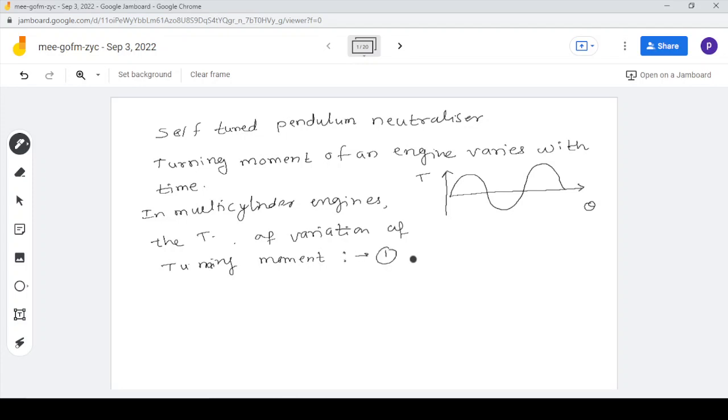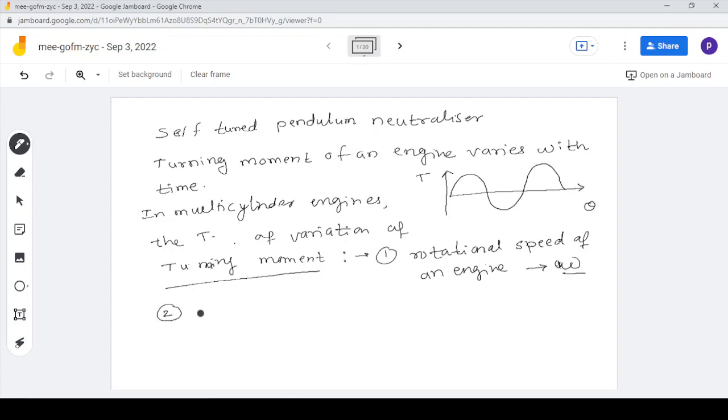First is the rotational speed of the engine, that is omega.